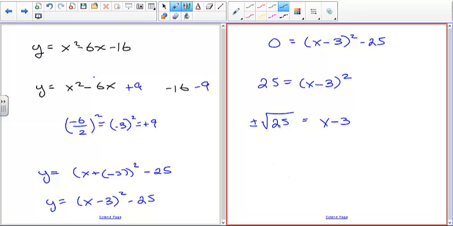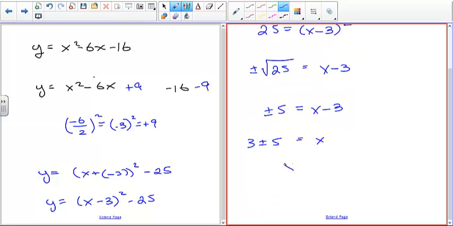The square root of 25 is 5, so you get plus or minus 5 here. And then you add 3 to both sides. So you'd get x is equal to 3 plus or minus 5. So the two solutions are 3 plus 5 and 3 minus 5. So it's 8 and negative 2.